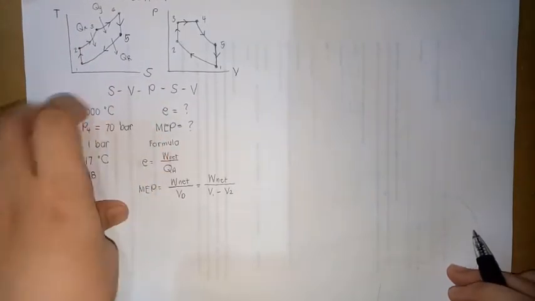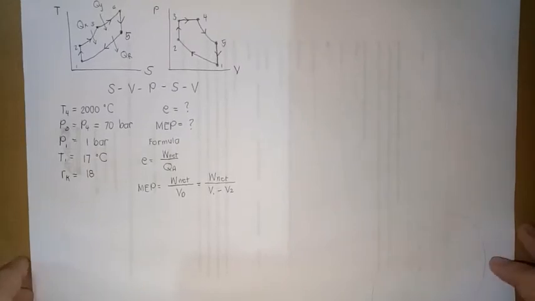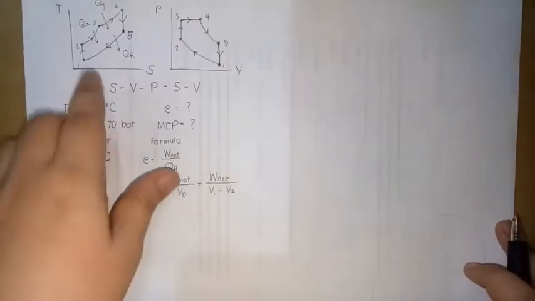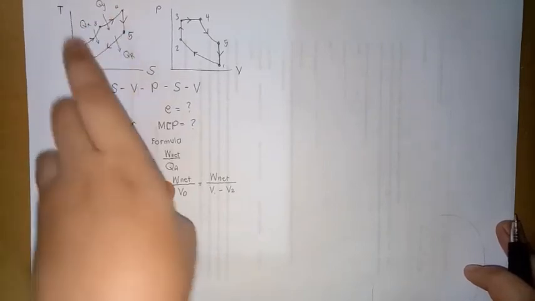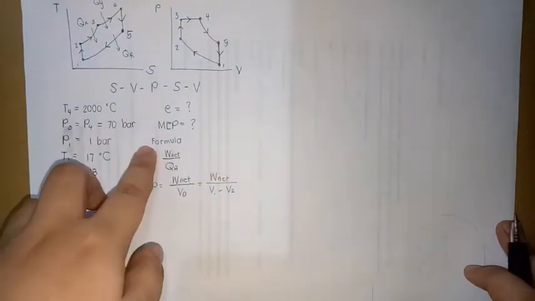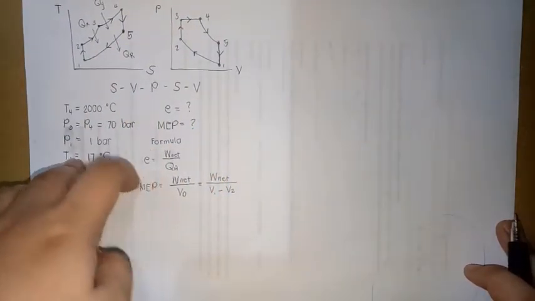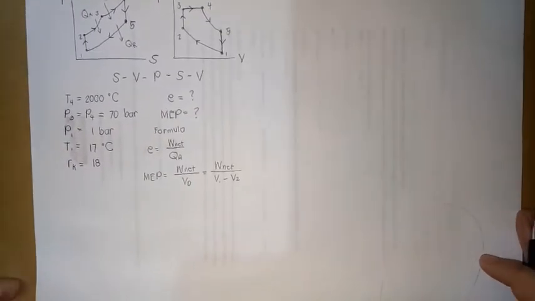Therefore, work net is QA minus QR. Now, in order for us to solve for QA, we need T2, T3, and T4. For QR, we need T1 and T5. Therefore, to solve for the work net and QA, we first need to get all the temperatures at all the points. Let us start with T2.